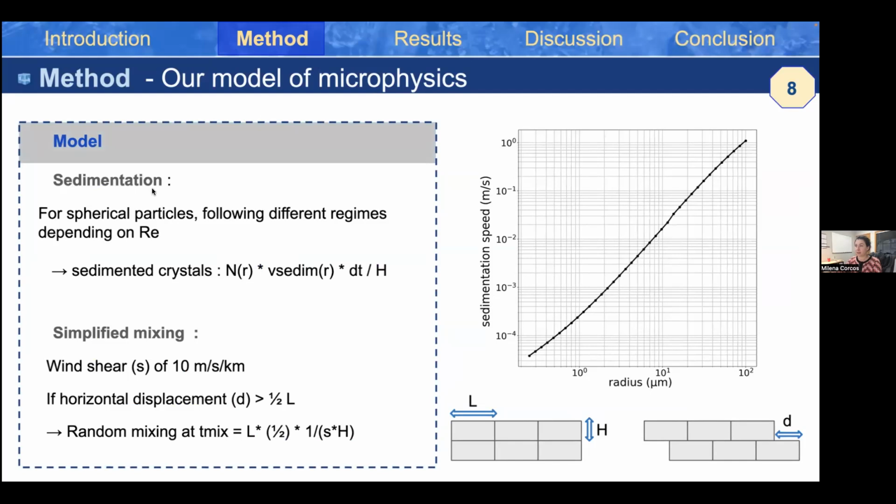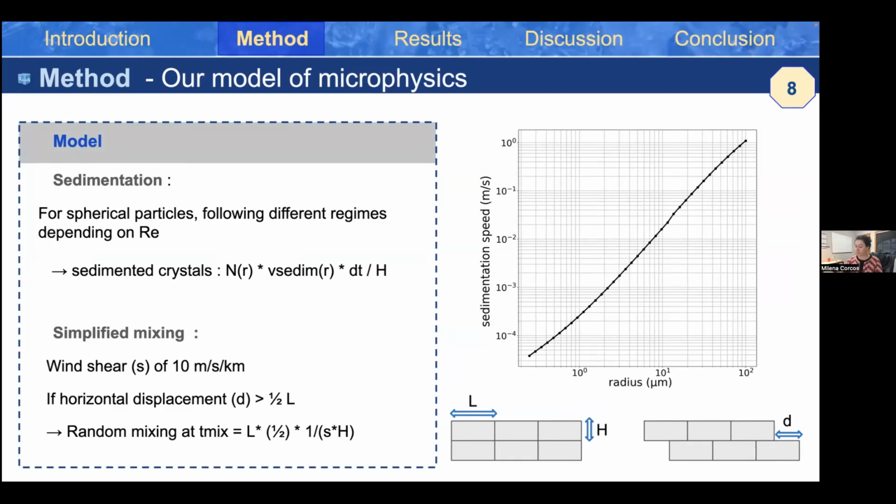So we are calculating the sedimentation, making the assumption that the crystals are spherical. So they follow different regimes depending on their Reynolds numbers. And we also make the assumption that the ice crystals are distributed homogeneously in each one of the air parcels.